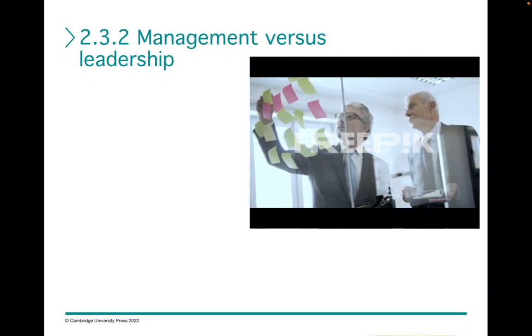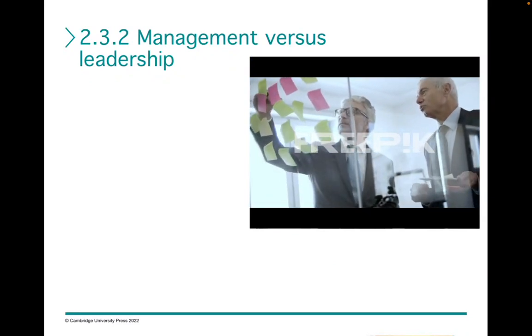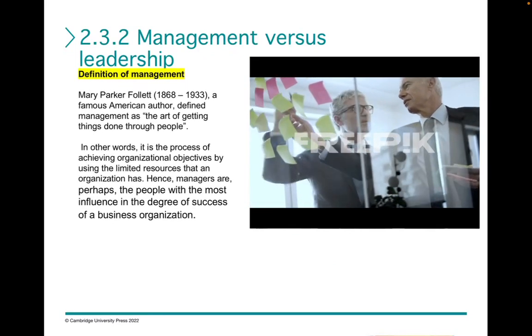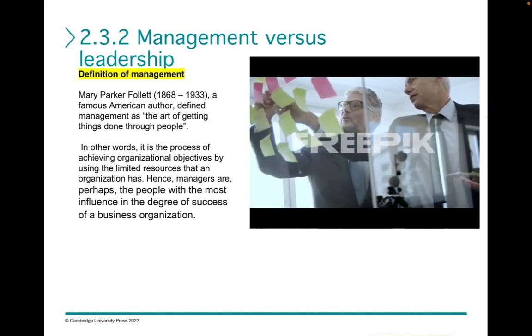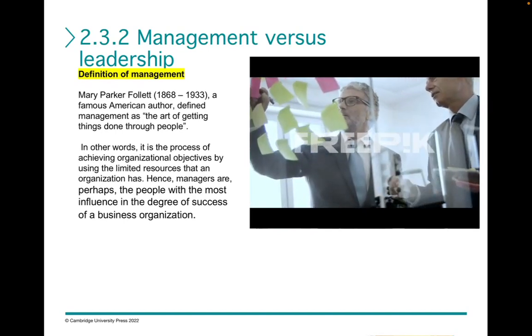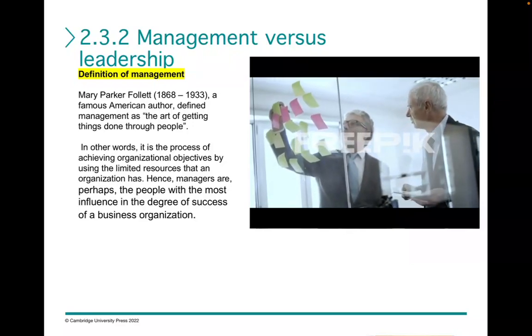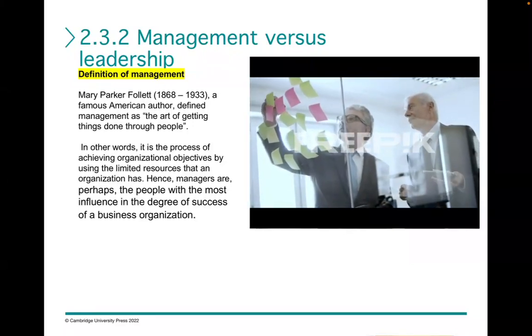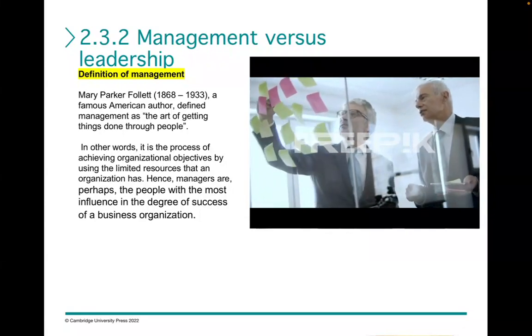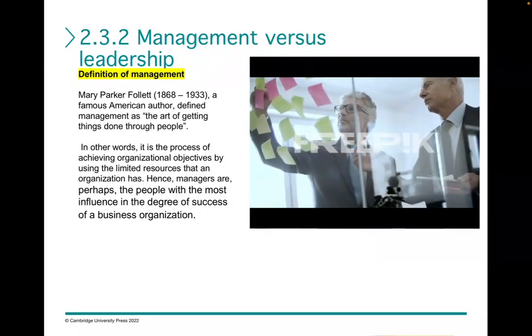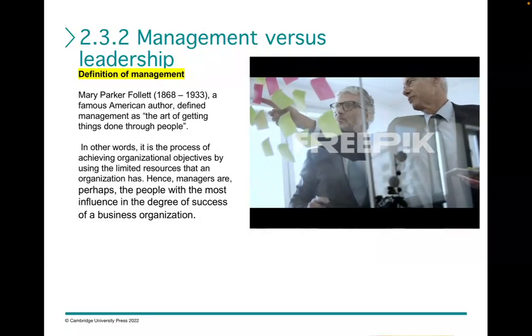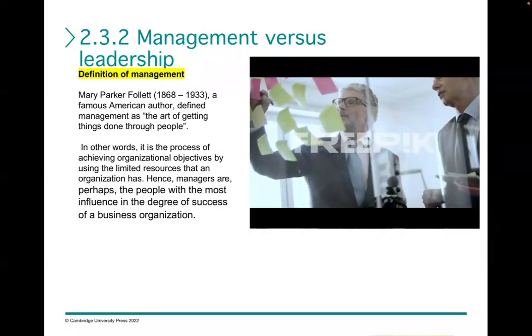Next, 2.3.2 Management versus leadership. Management is defined as the art of getting things done through people. In other words, the process of achieving organizational objectives by using resources that the organization has.